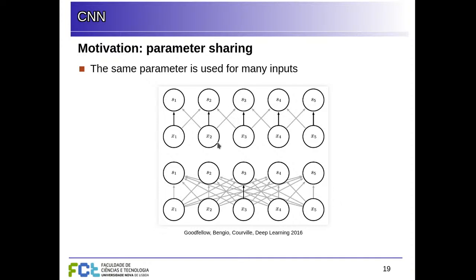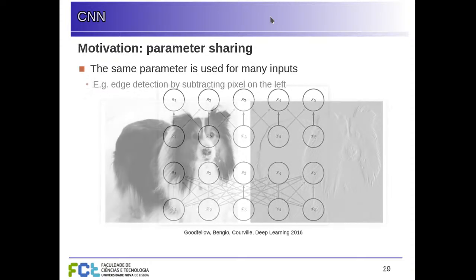But if we imagine that we have a kernel here that we are sliding over the input to produce all these outputs, then this connection here, the weight that is connecting this input to this output, is the same as the one connecting this one to this one and this one to this one, because we are sliding the same kernel over the inputs. So this means that we have far fewer parameters to optimize when we are using convolution networks than if we were using dense networks that would supply the same number of outputs.